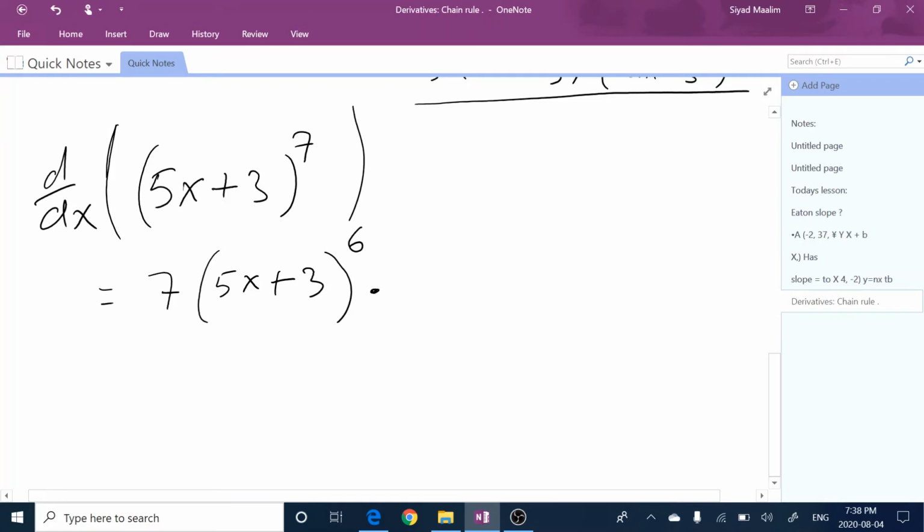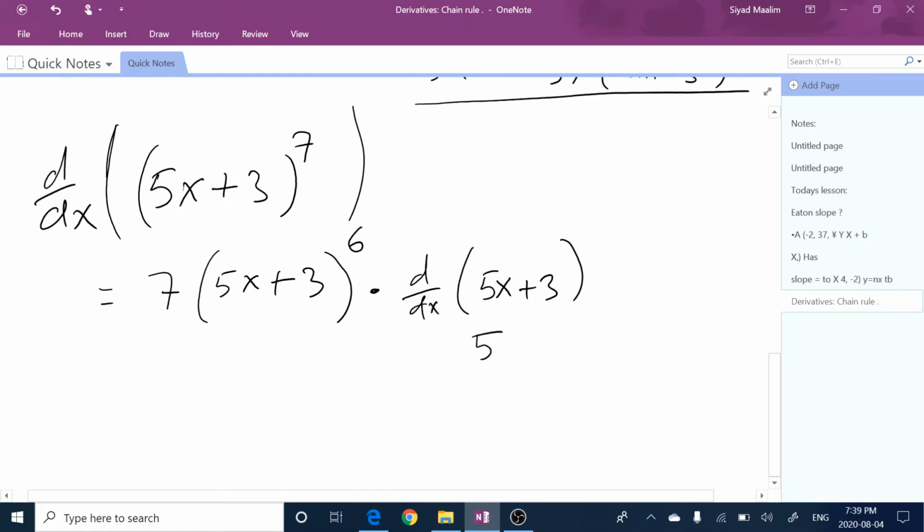The derivative of the inner function, which is the derivative of 5x plus 3. What will that give me? When you take the derivative of 5x plus 3, that just gives me 5, because the derivative of a constant is always 0.